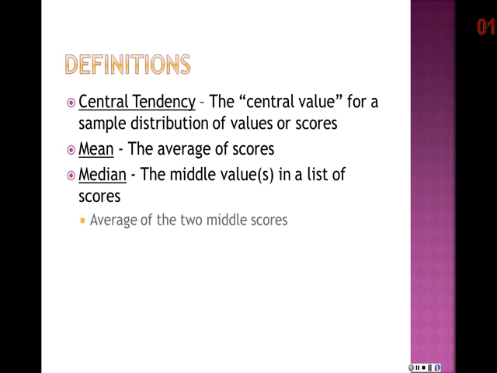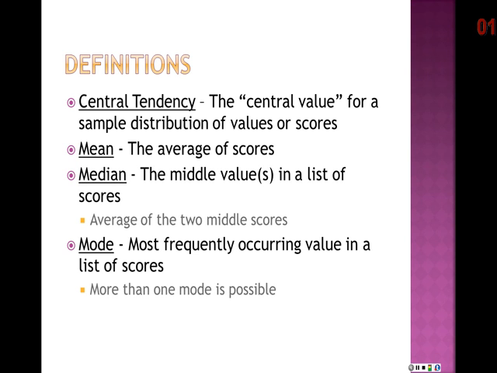If the list of scores is evenly numbered, meaning there are 4 scores, 6 scores, 8 scores, and so on, the median would be the average value of the two middle scores. The mode, on the other hand, is the most frequently occurring value in a list of scores, and more than one mode is possible.